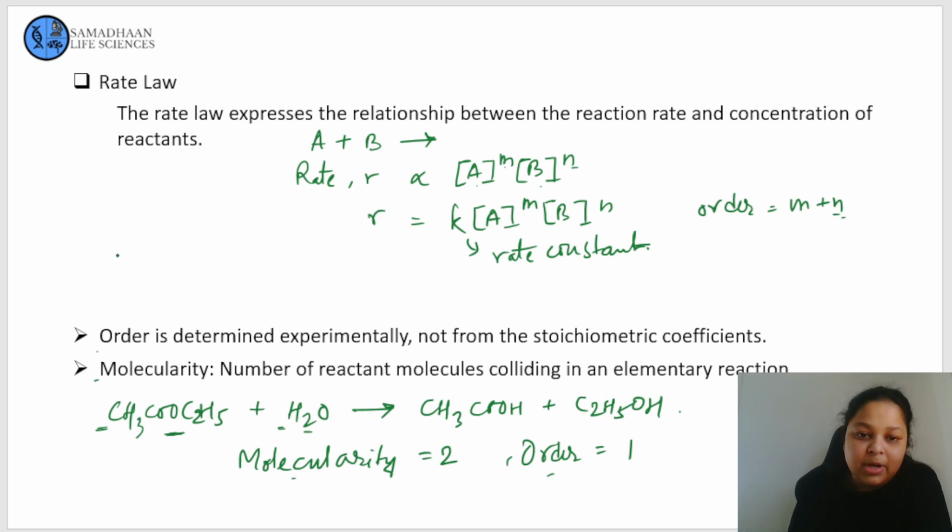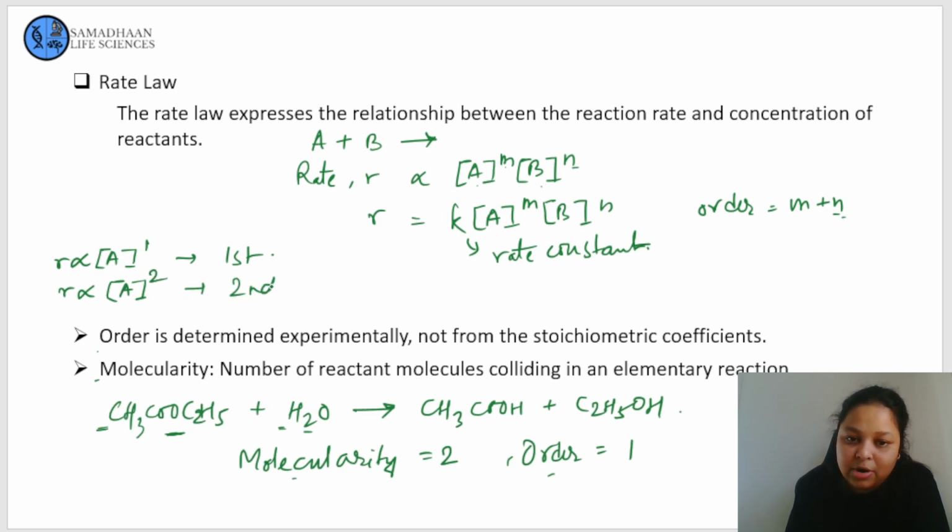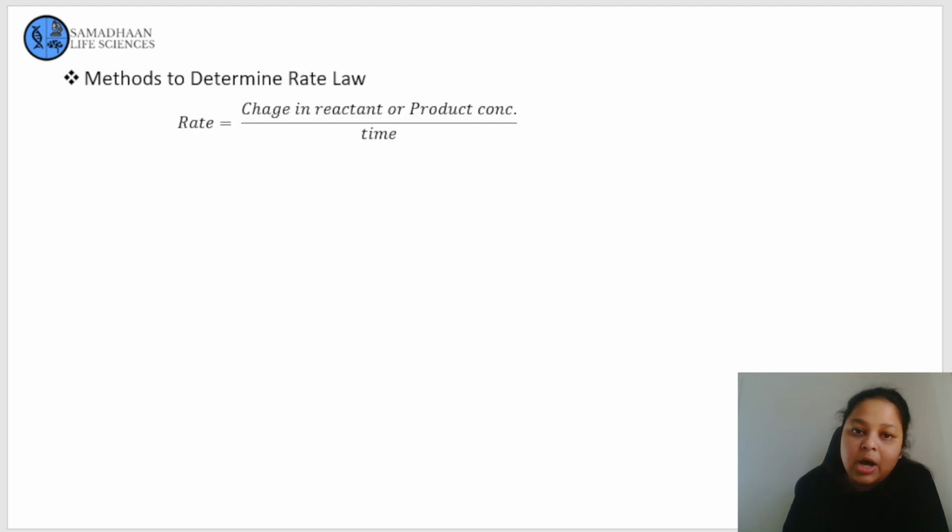For example, if the rate is proportional to concentration of reactant to the power 1, then this is a first order reaction. If the rate is proportional to concentration of A to the power 2, then this is a second order, and you can go on.